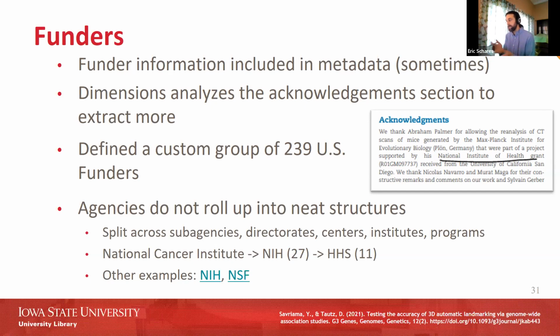So for example, the National Cancer Institute, I'm sure, does excellent work. They are one of 27 institutes under the National Institute of Health, and the NIH itself is one of 11 institutes under the Department of Health and Human Services. So the NIH, the FDA, all of those are under HHS.